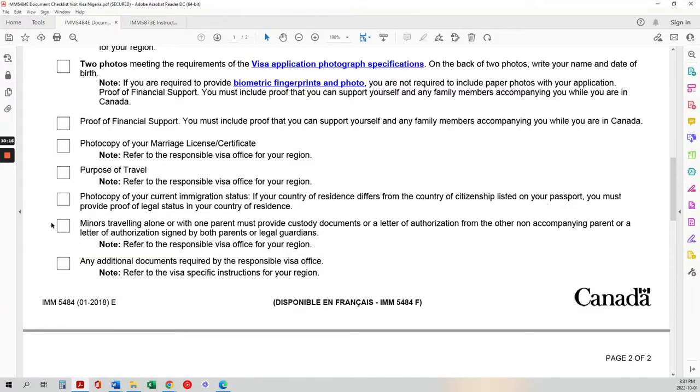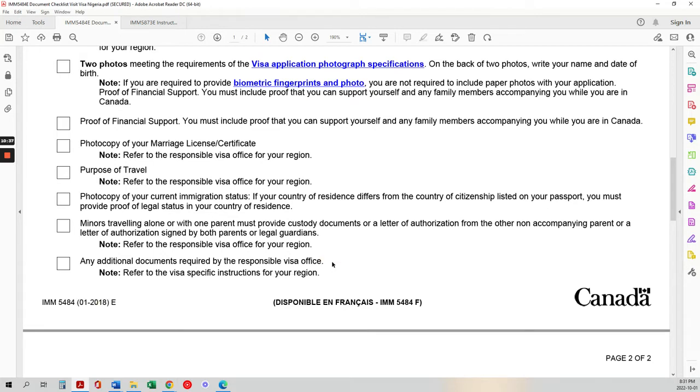They will ask for your paperwork at the port of entry. If you don't have it, you're not going into the country. Very important that you have your documentation for the children that you're going with. Also, any additional documents required by the responsible visa office.